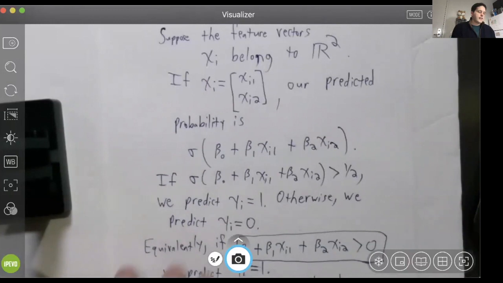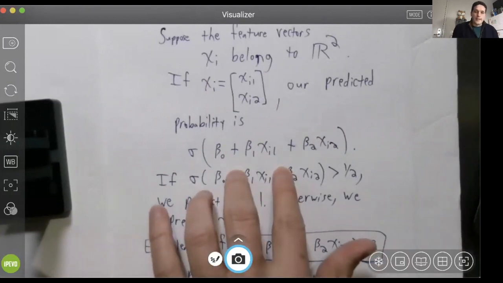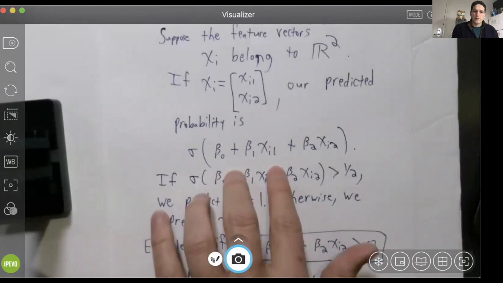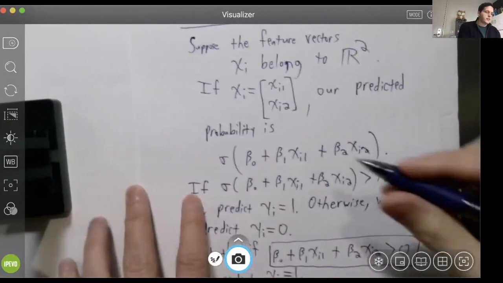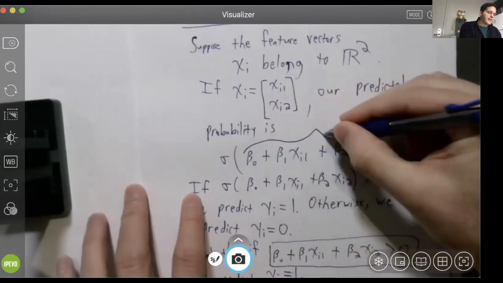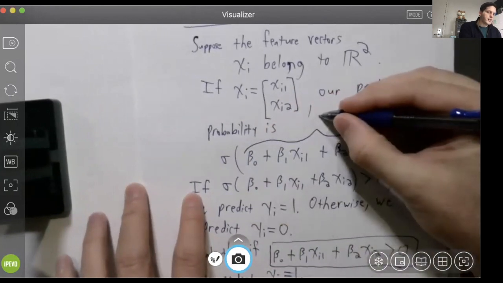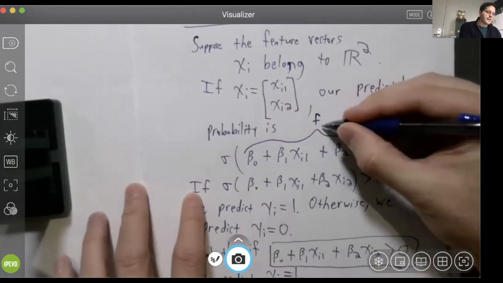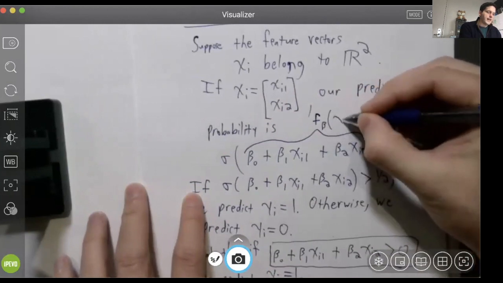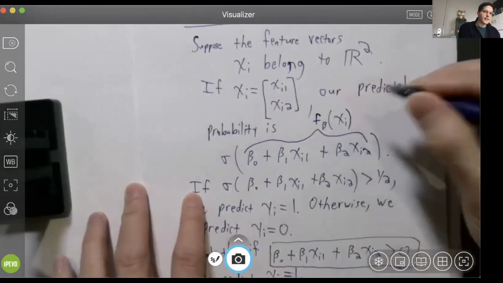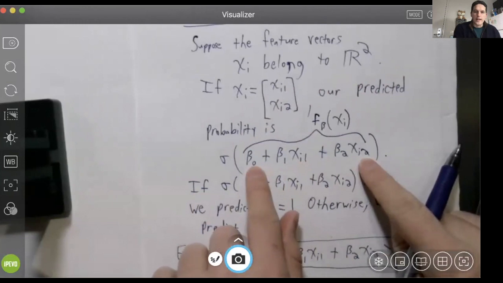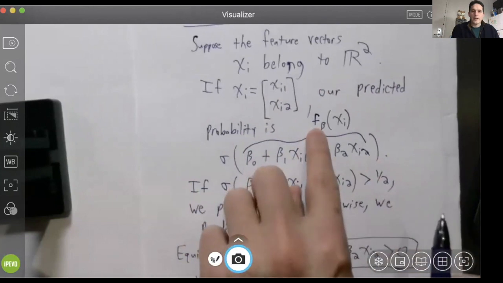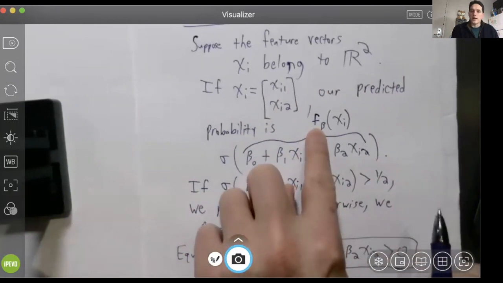Now, what if we're not using a linear model? What if instead of doing logistic regression, we're training a neural network or something? Instead of having this function, which I'll call f sub beta of xi, be a linear or affine function, which is what we do in logistic regression, this function f sub beta could instead be a neural network.